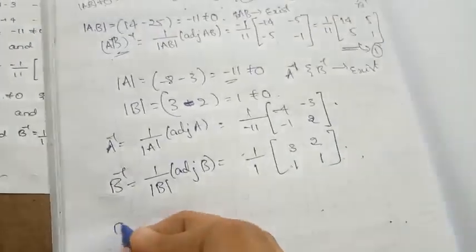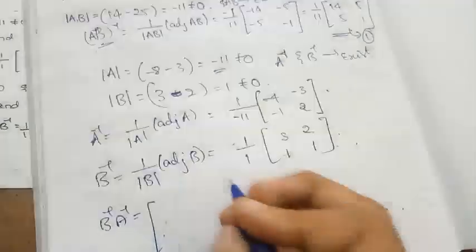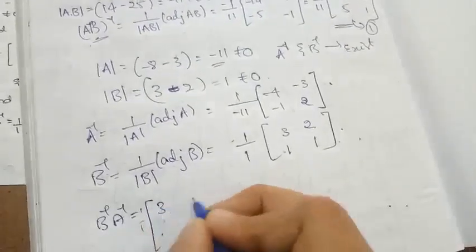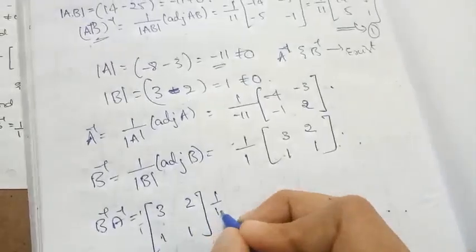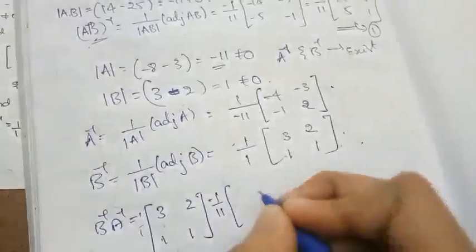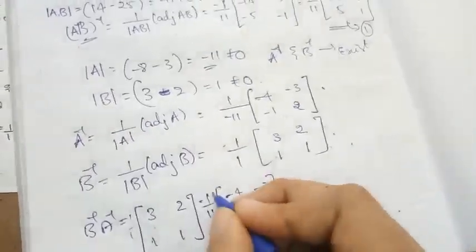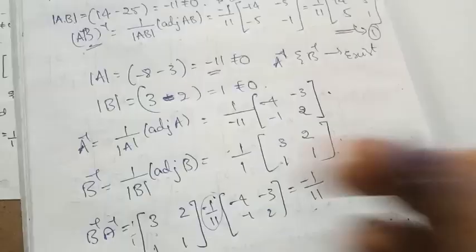Now what we have to do, we need to find the product of B inverse and A inverse. What is that B inverse? 1 by 1, 3 2 1 1. What about A inverse? Minus 1 by 11 into minus 4 minus 3 minus 1 2. So it is a product. I can take this scalar to the beginning.